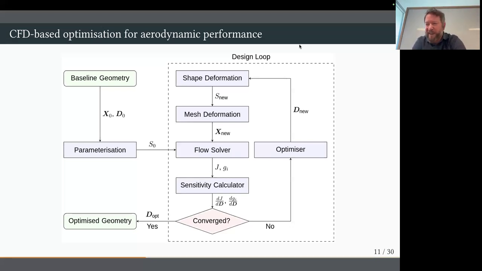In that sense, I don't think this will be competitive with our method, because you're back to that problem of just running a flow solver in many different places across the parameter space and then trying to fit it.